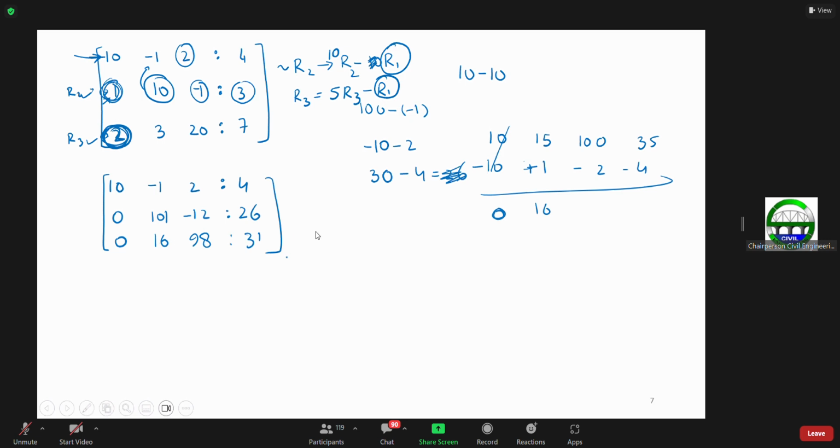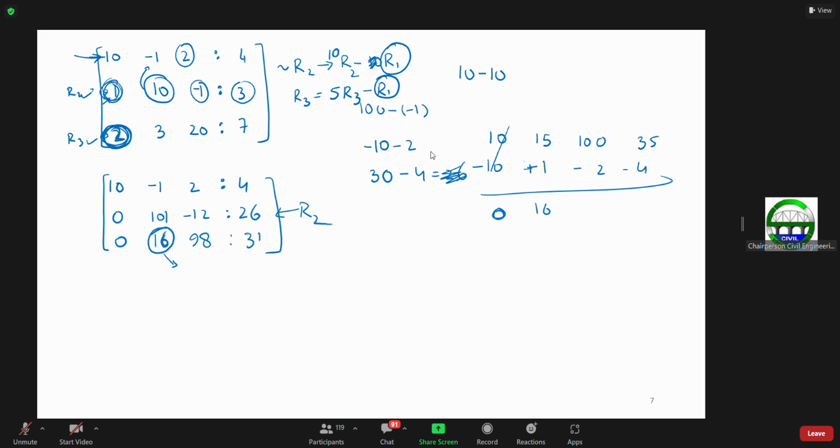Is it clear? If you have any question, please send me the text or just tell me. Okay, so now we have this one. Now we have to make this one 0 using row number 2. Do you know how we can make it 0?